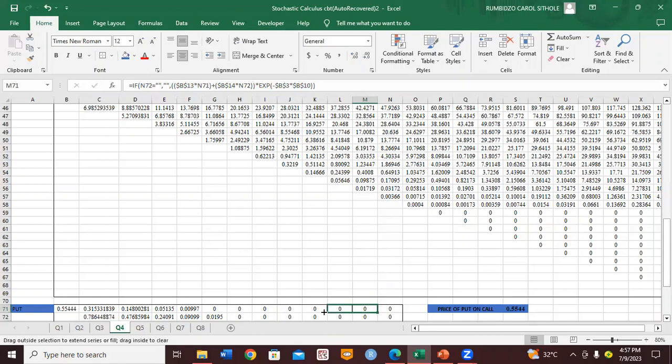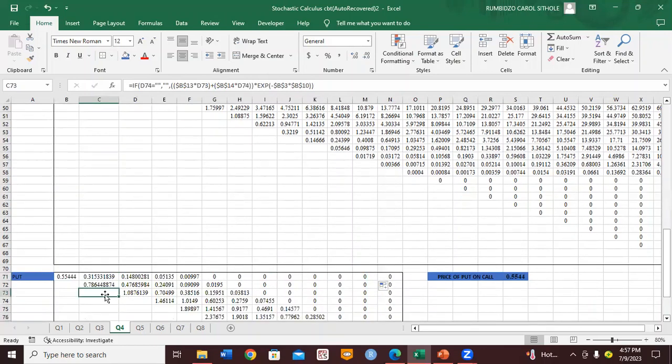And since we're working backwards, like we did to calculate our put price, you do it backwards, and it will calculate each cell respectively. Then you double click so that it calculates for all the periods going down. You do the same here, and here, and here. If I click a cell which is empty, it's blank, but there's a formula in effect. This is due to the if.